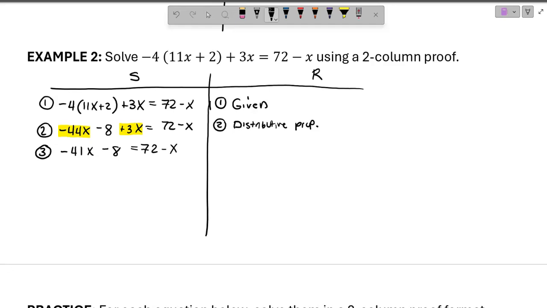Now, this wasn't listed in the properties, but this is the concept of combining like terms. So when you have variables or numbers on the same side, that's what you would do. And now from here, the rest of this problem will look very familiar to what we did in the first example. So I challenge you, if you have not done the rest of this, to pause this video now and see if you can finish it using example 1 as a model.